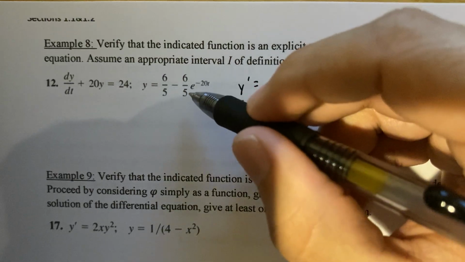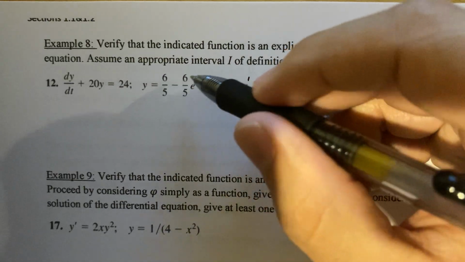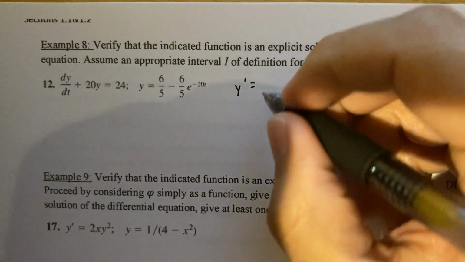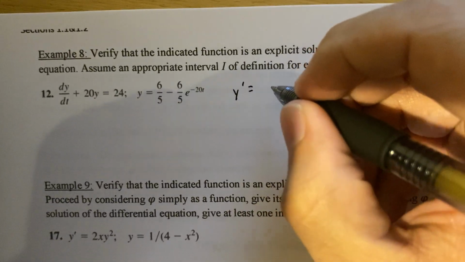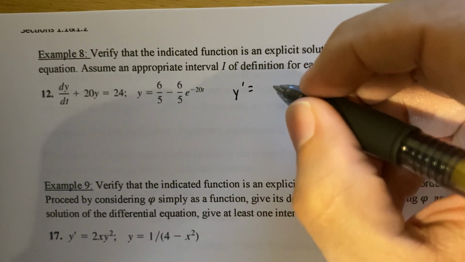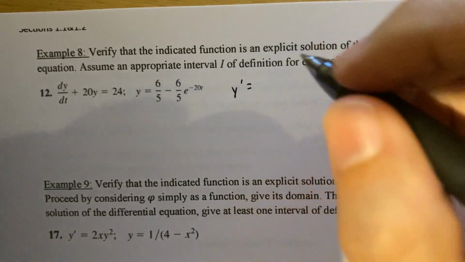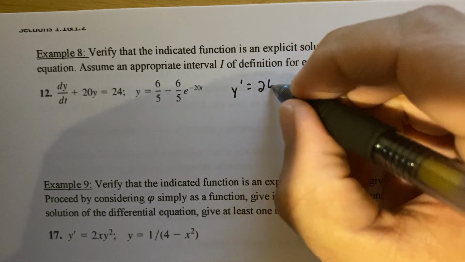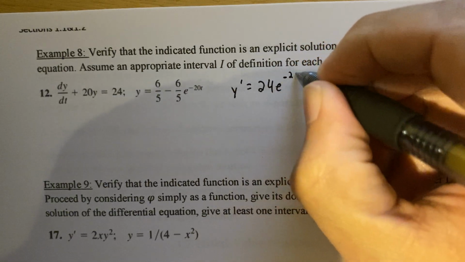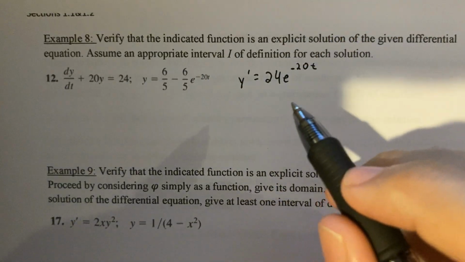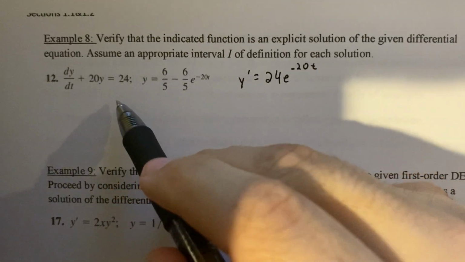Negative 20 divided by 5 is negative 4. 4 times 6 is going to be 24. So we have 24 e to the negative 20t as our derivative.